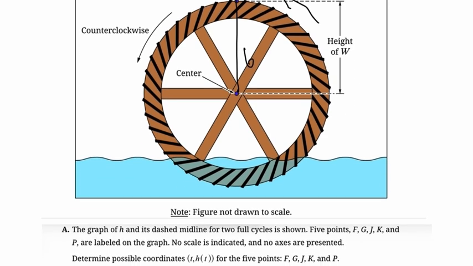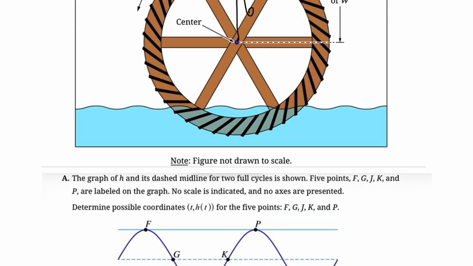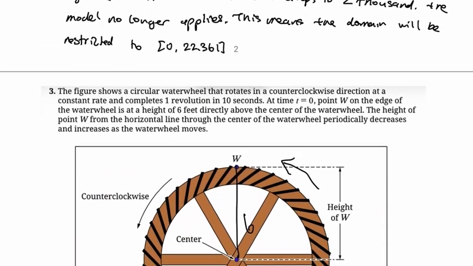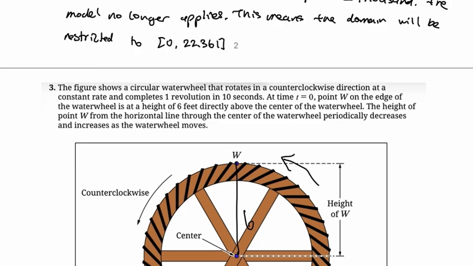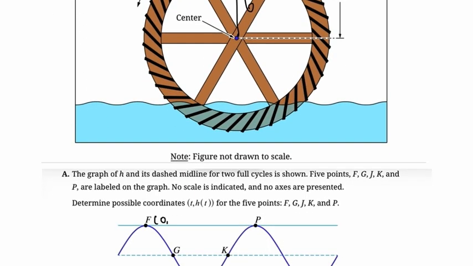So for question A, we have to label potential coordinates for this sine wave or cosine wave, and we can start at t equals 0. The prompt tells us that at t equals 0, W equals 6, so this will be (0, 6).